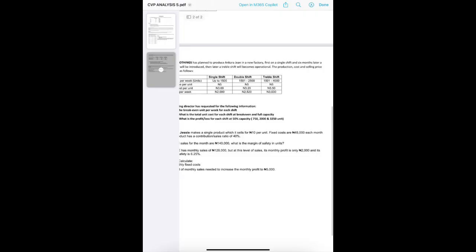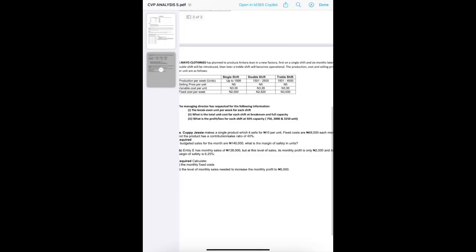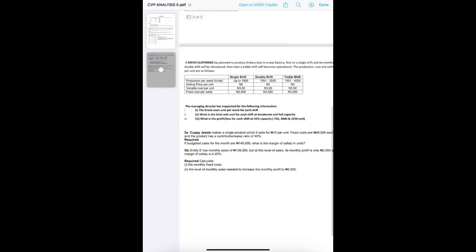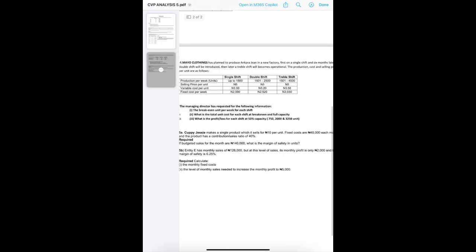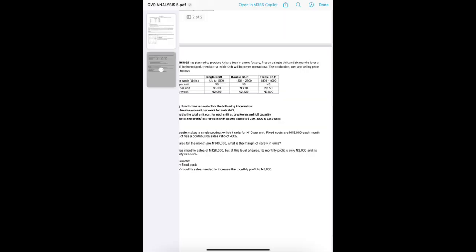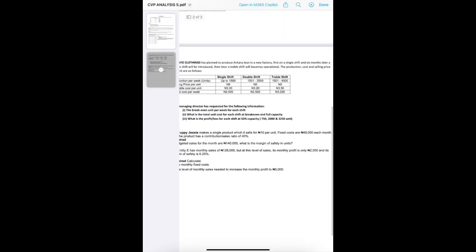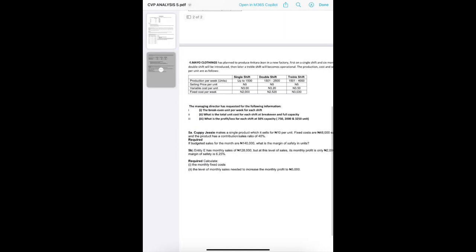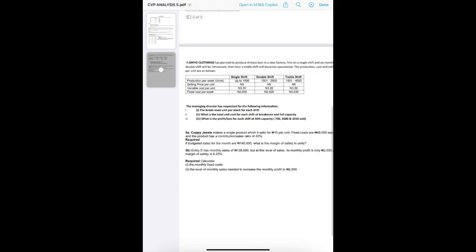Six months later, a double shift will be introduced. Then later, a treble shift will become operational. The production costs and selling prices per unit are as follows.